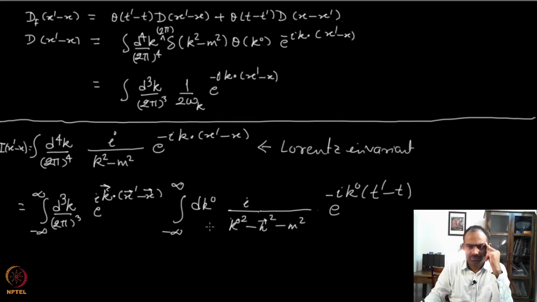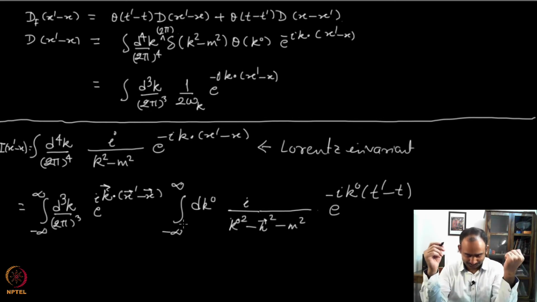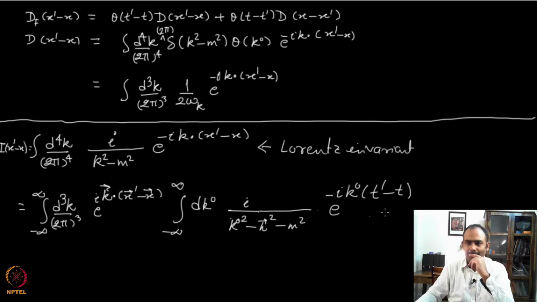Now the integration is over the real line for k0 and also for k, but I can always look at it as an integration in the complex plane, and the contour of integration is over the real axis. So that's what I will do.